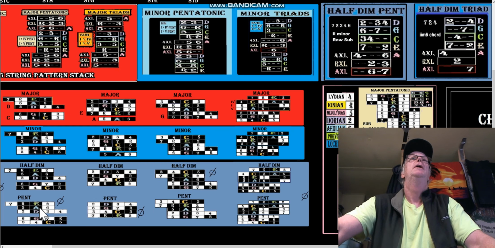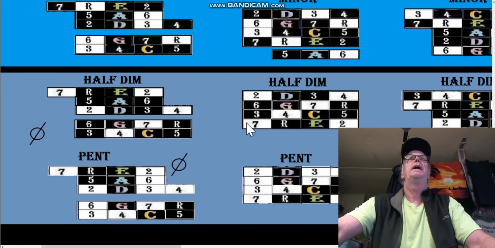So where we'd have the triads and half diminished here, it's just 4-7-2, 4-7-2, and then the pentatonic for that, for the triads, for the same patterns here.